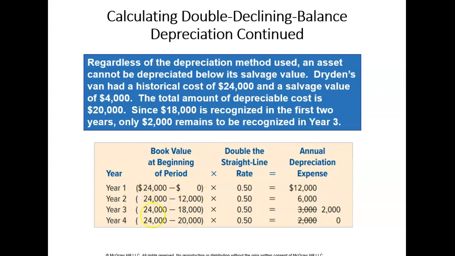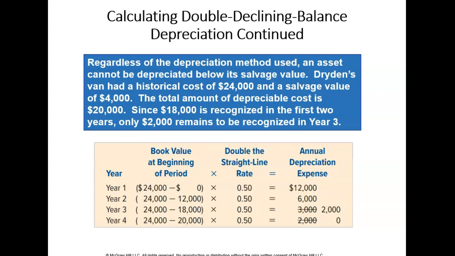So for year two, we'll multiply 12,000 times 50%, and we're going to expense $6,000 in year two. So notice that the amount is going to be less in year two than it was in year one because this is an accelerated method. Now, keep track. So far at the end of year one and two, you've expensed a total of $18,000.